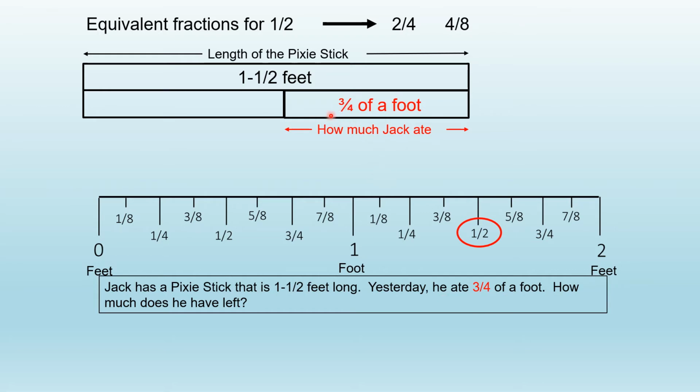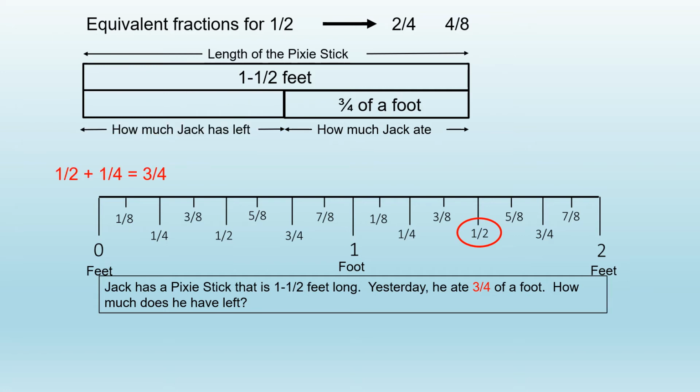That is going to go in this lower right-hand box, and right below that, I have written how much Jack ate. That will help us keep track of those numbers. And what we need to solve yet is how much Jack has left of his pixie stick. That information will go in this box once we determine that.